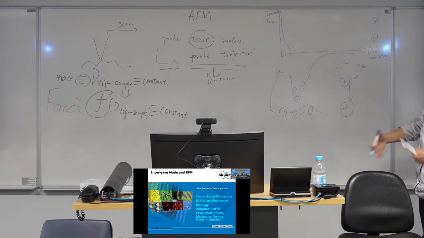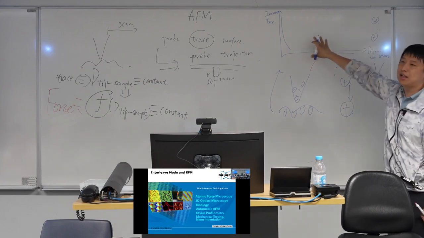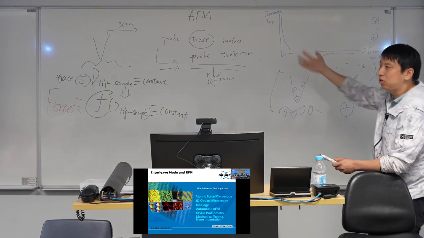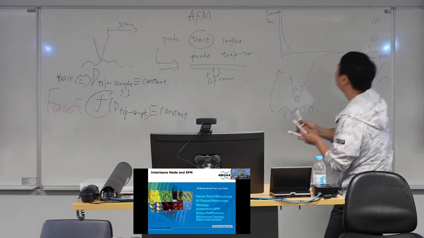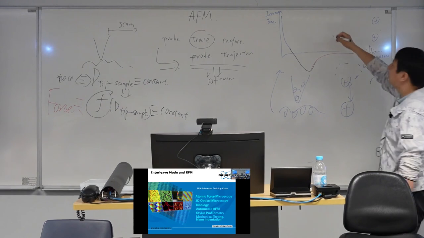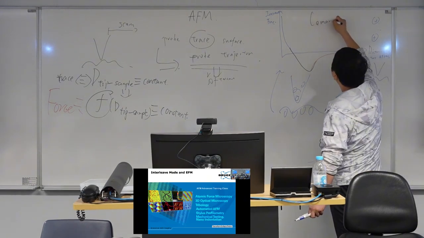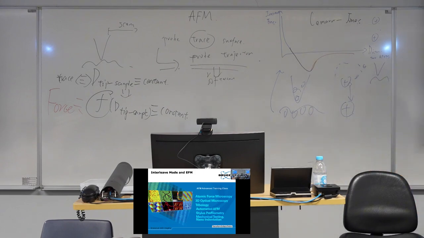Then we expand this concept: if we have a probe and a sample, it will be similar to that. You know it very well if we put these curves together, something like that. That's the Lennard-Jones interaction, just the basics of our quantum mechanics.